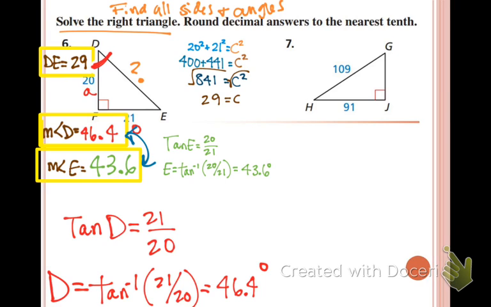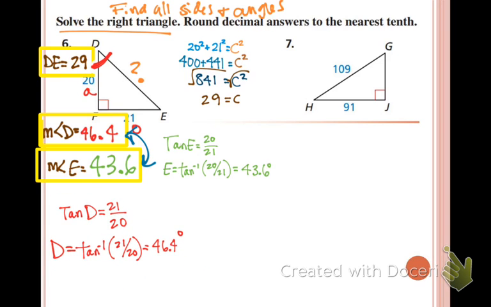Okay. All right, let's start with the next one. All right, we're going to find GJ. We're also going to find the measure of angle G and the measure of angle H. So I'm going to write it up here. All right, so first thing we want to find, in no particular order, is GJ.